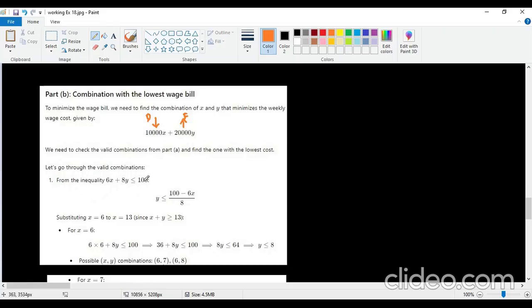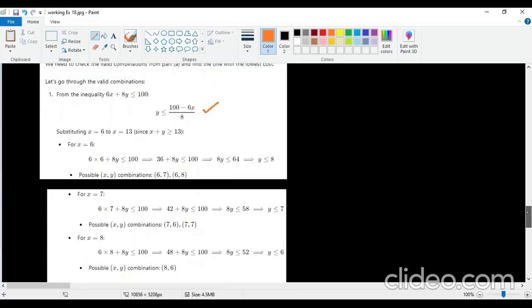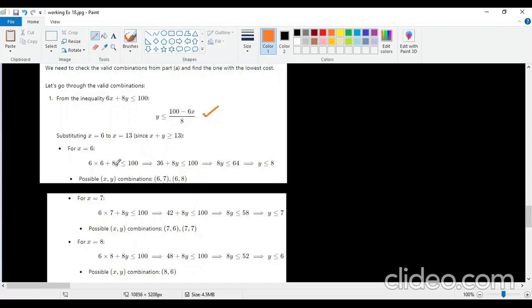Now from the inequality, we need to find the value of y. When we make y the subject of the formula, it gives you something like this. Now, substituting the value of x, which is 6, in the equation already given here, for x equals 6, that means 6 times this, in place of here we are using 6.